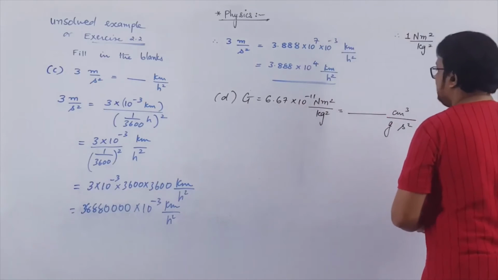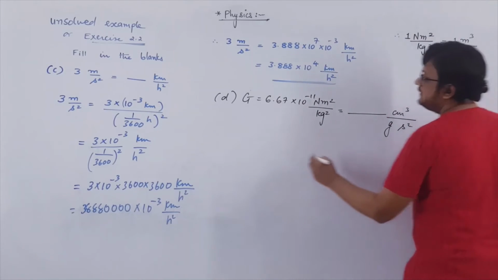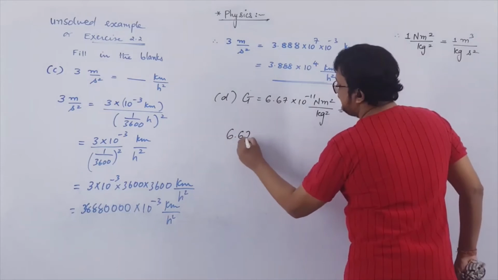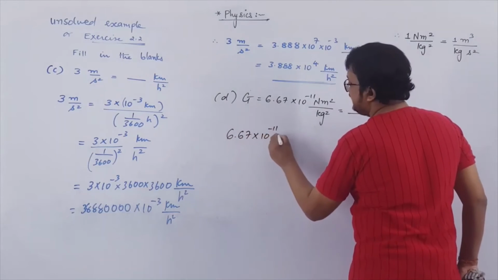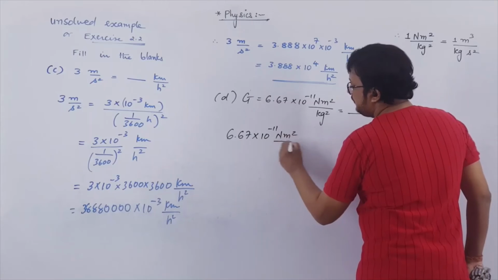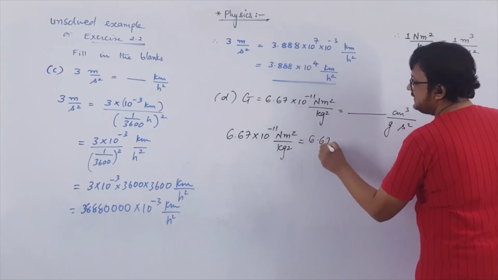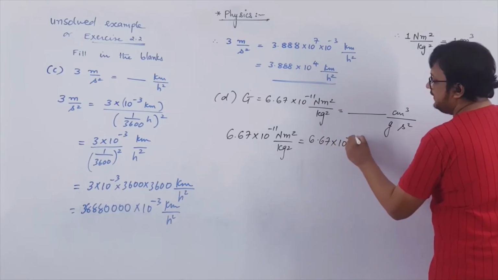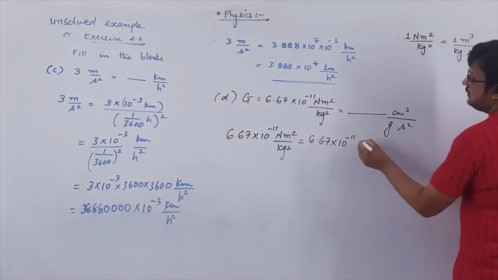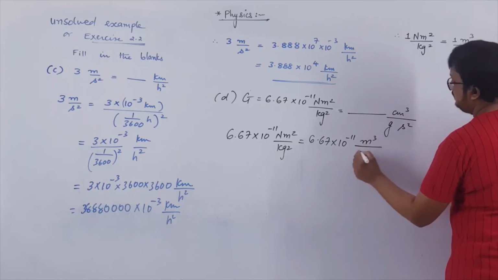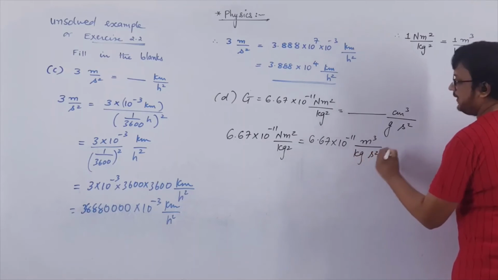Here we will directly use this: 6.67 into 10 raised to minus 11 Newton meter square upon kg square is equal to 6.67 into 10 raised to minus 11 meter cube upon kg second square.